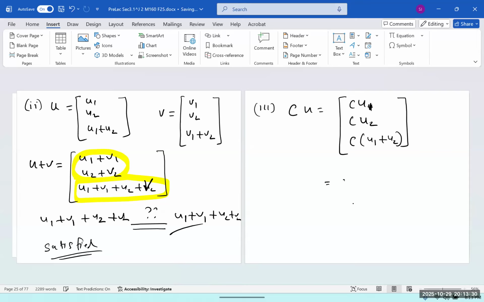This is the same as C times U1, C times U2, and the third element U1 plus U2 scaled by C. So it also satisfies, right? Satisfied. Since all three conditions are satisfied, yes, this is a subspace of R3.